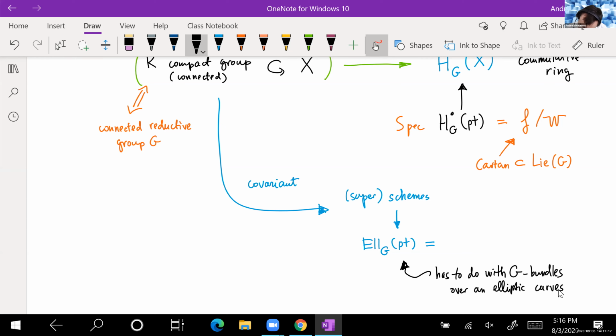We just take the elliptic analog of this Lie algebra. Namely, you take the co-character lattice of this group G, not the co-weight lattice.